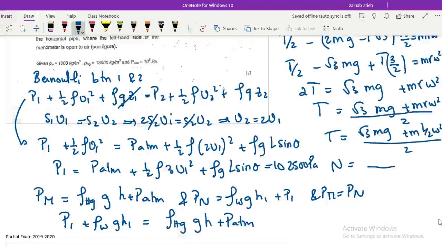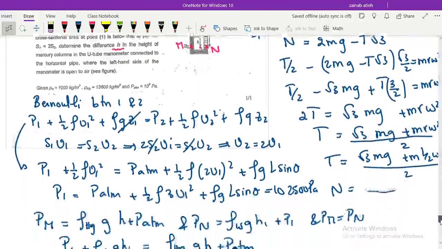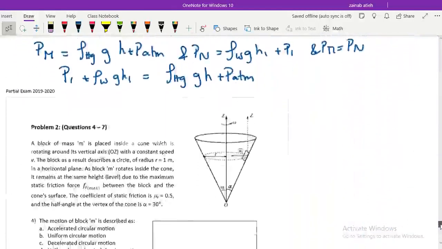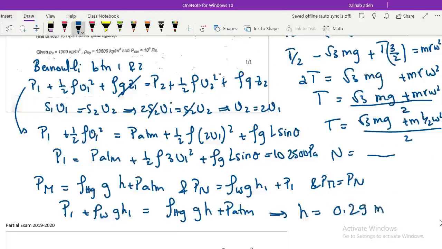Substitute for P1 its value, everything, you have it. H1 is given in the problem, on the figure, it's 15 centimeters. Substitute everything and you shall get your answer. We're searching for H. Okay, H will be 0.29 meter, and this is the answer.